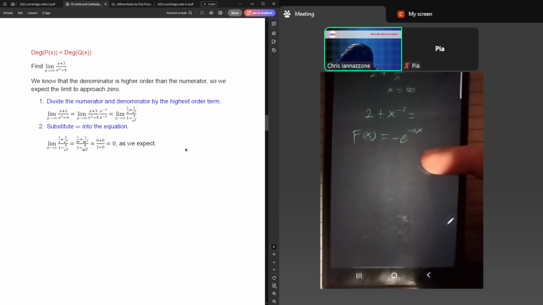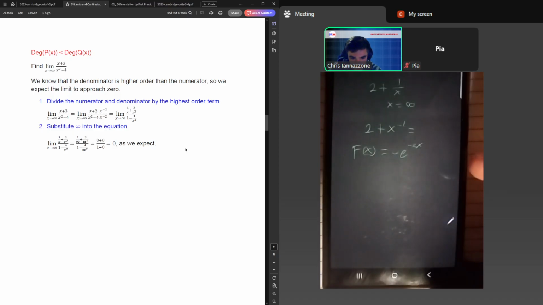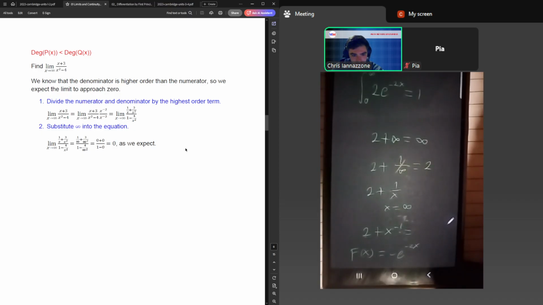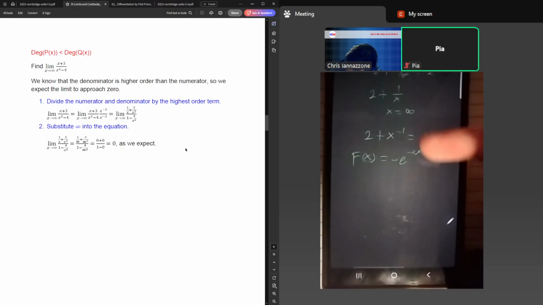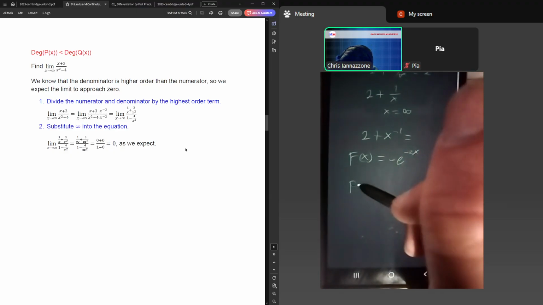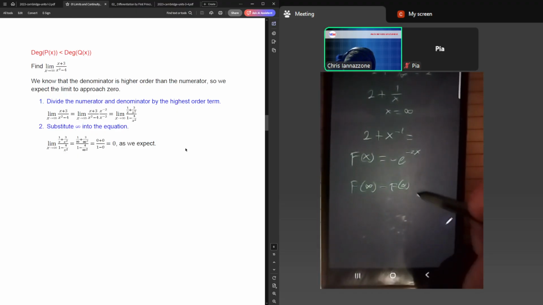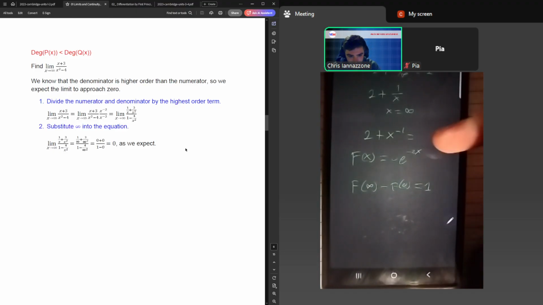What do we do now to complete the definite integral? We have to sub in the upper and lower bound. Correct. So capital F of infinity minus capital F of 0. And remember, we already know the value ahead of time is going to equal 1.